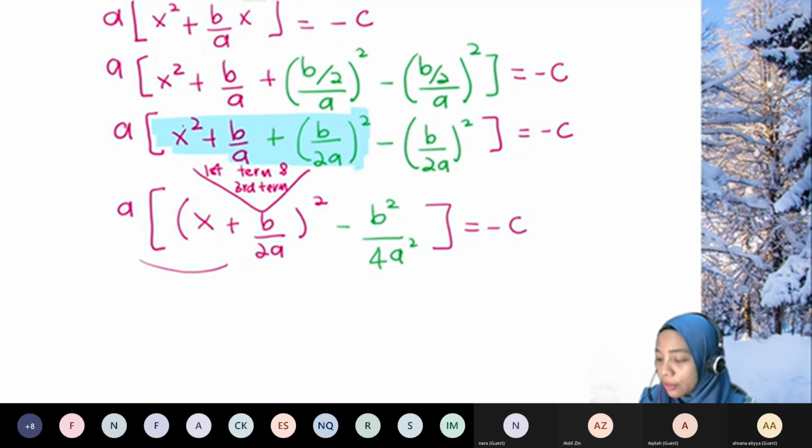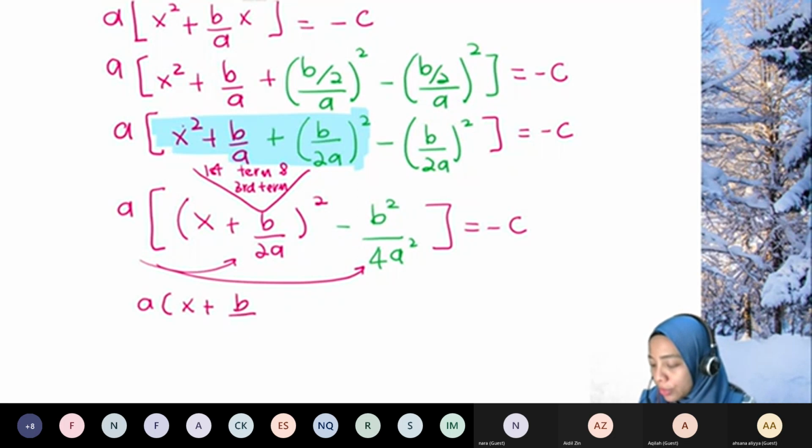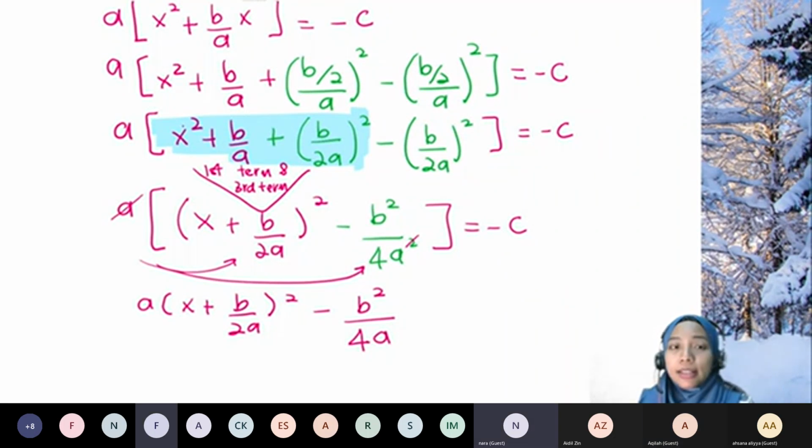Okay. Kemudian you have to expand ke semua ni. Dipisahkan oleh tolak. So A X plus B over 2A square minus B square over 4 apa? A dengan A. So cancel tinggal apa? A. Yes, exactly. 4A. Okay. Equals to negative C. Okay.